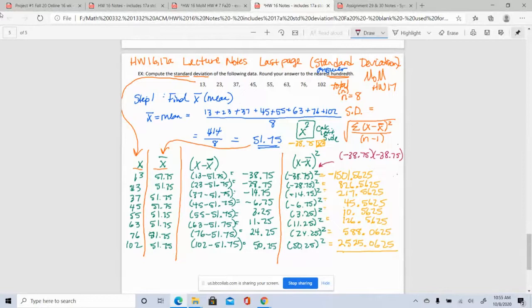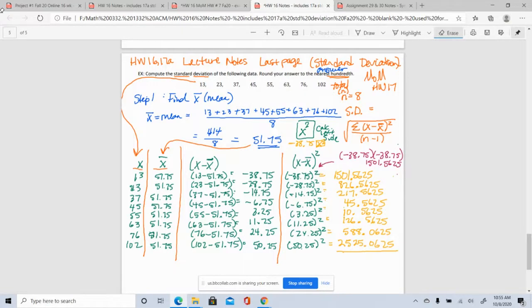Remember, anytime you have something squared, it's telling you to multiply it twice. So you should get, oh, I wrote a negative there. I should get a positive 1501.5625. Good thing I wrote that out, because that should be a positive.